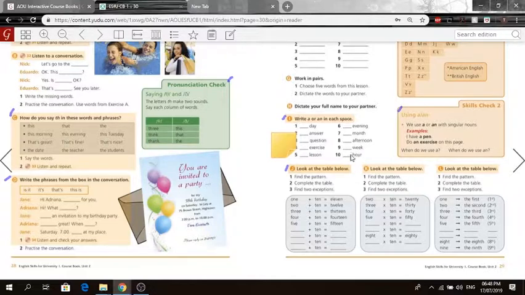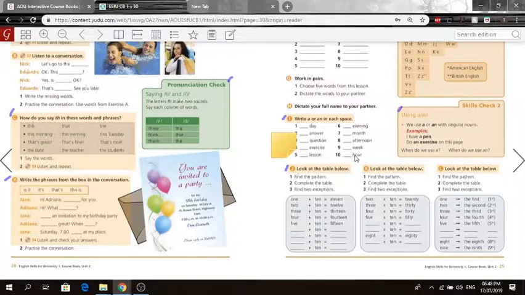Now, here's an interesting part that I wanted to talk to you guys about. Hour here, we use an. Now you might be surprised, hey, H is not a vowel. Why do we use an? And here's the funny part. When you see a word where the H is silent, so for example, hour, honor, you get the idea. So I don't say a honor. I say it's an honor meeting you, sir, or it's an hour, okay?